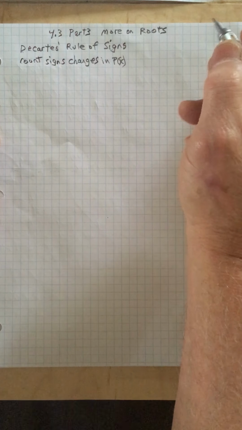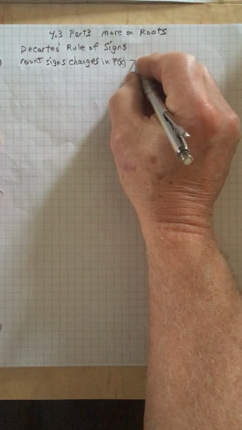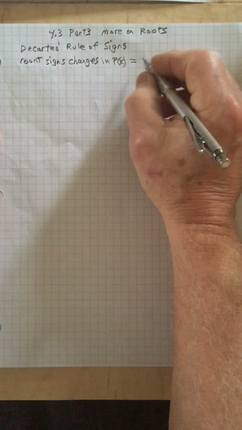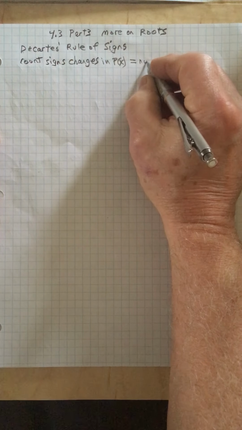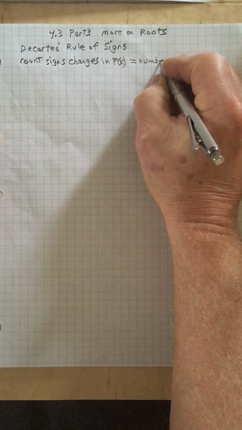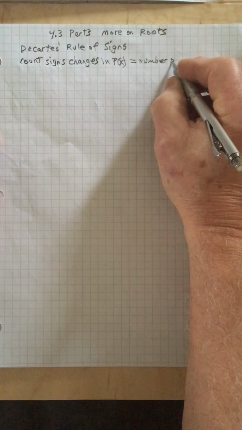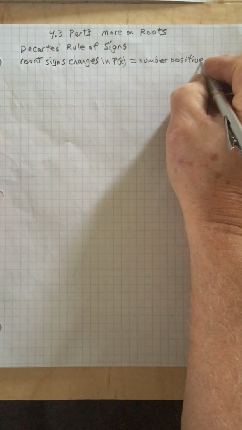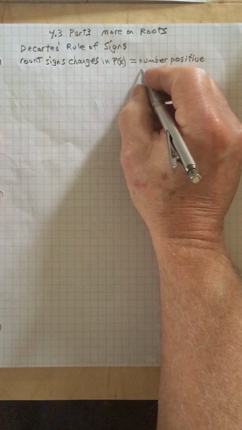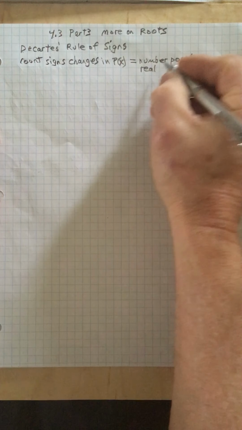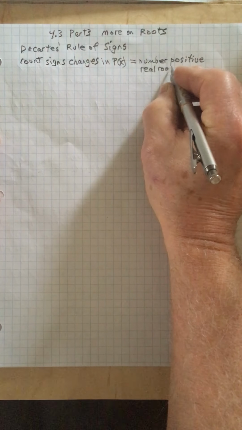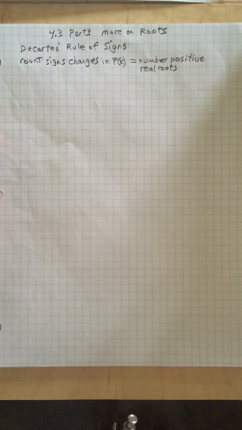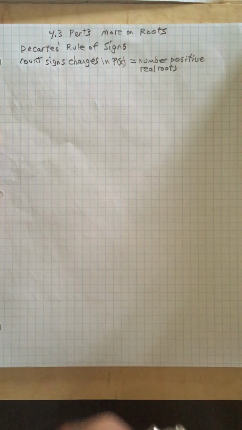So you keep a tally. The number of times they change is going to be the number of positive real roots. So this doesn't apply to complex. This is a way to get an idea of how many positive roots we have.